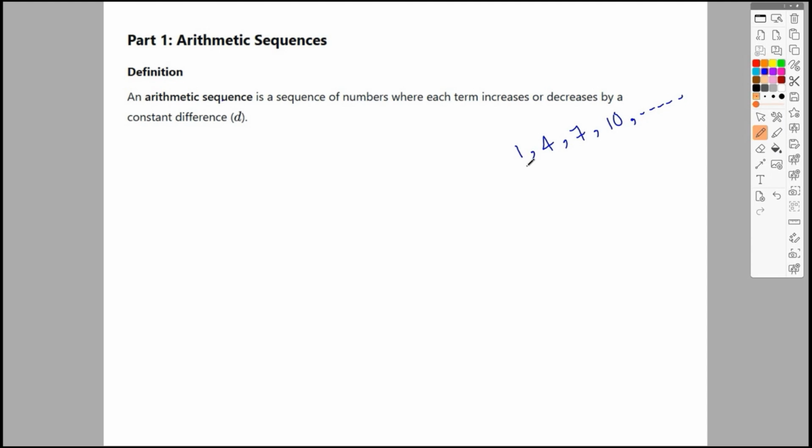The constant value here is 3 because we just add 3 each time. 4 plus 3 is 7 and 7 plus 3 is 10 and so on.